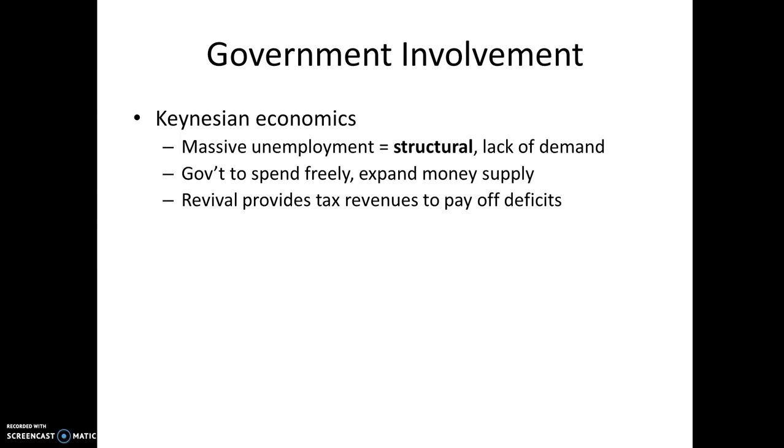Governments needed to spend freely and expand the money supply to help fix the problem. By borrowing money and increasing demand by pumping capital to spend into the economy, governments could pull themselves out of recessions. That's the idea. The ensuing economic revival would provide enough tax revenue to help pay off deficits.